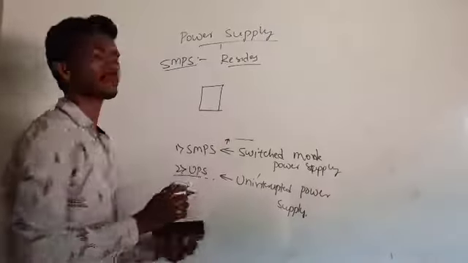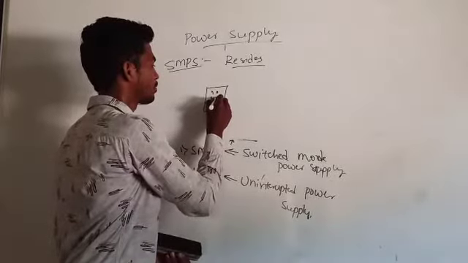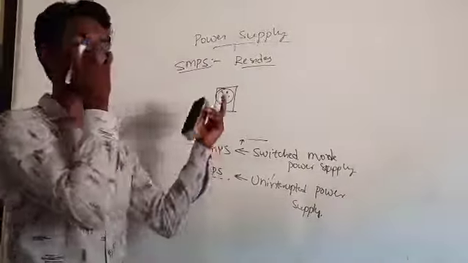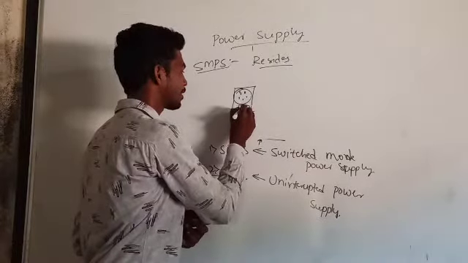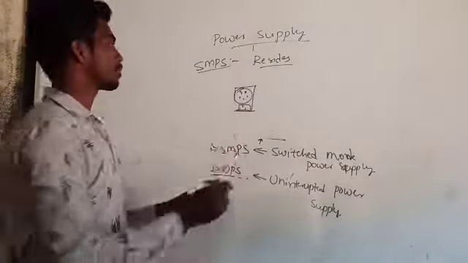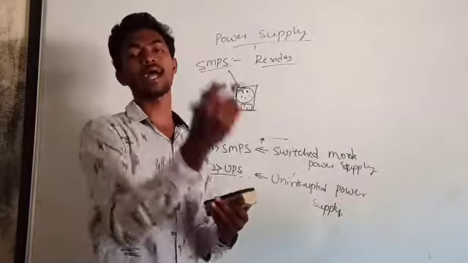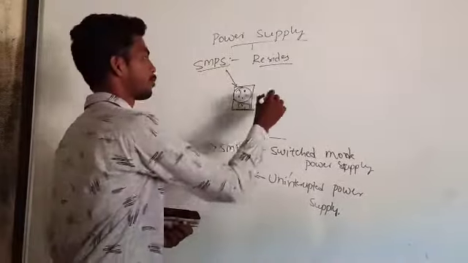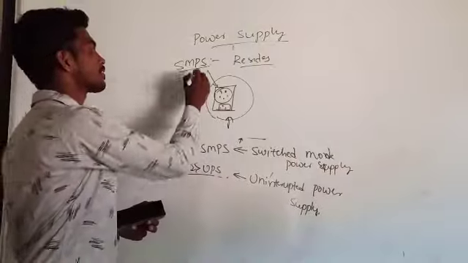SMPS contains one fan at the rear end and the power connector, like this, with a three-port connection. This is called an SMPS, and it resides at the back end of the CPU. That CPU box contains this at the rear end, which is called an SMPS.